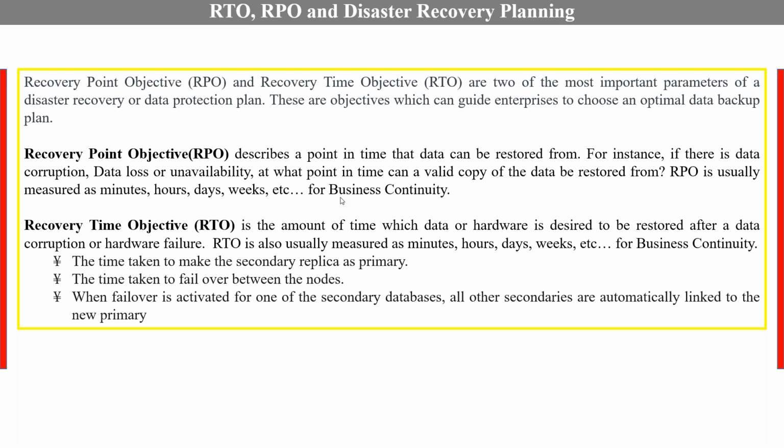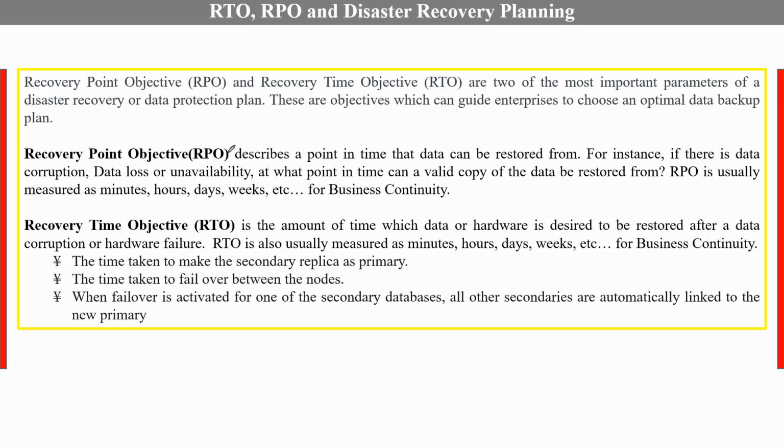Like, what is RPO? Recovery point objective describes a point in time up to which data can be restored. If something happened to my database, up to what point can you recover? That's what I explained to you, right?